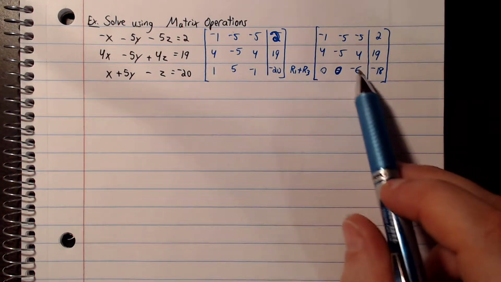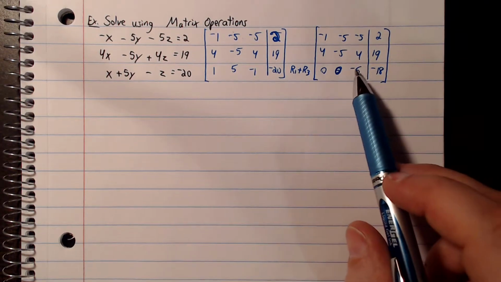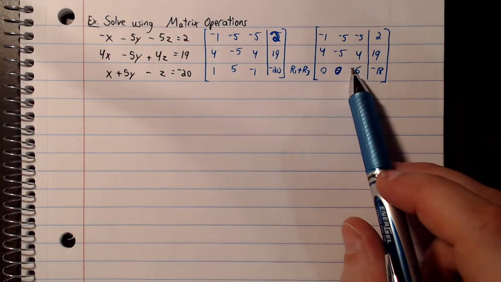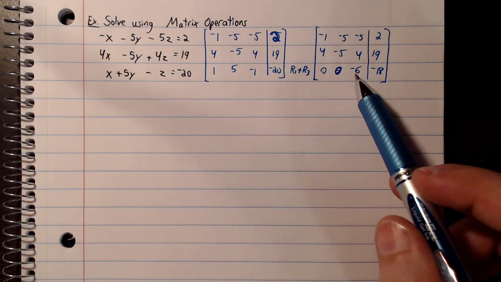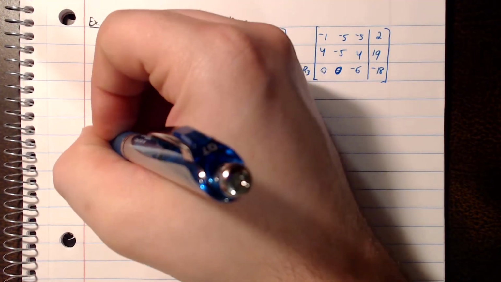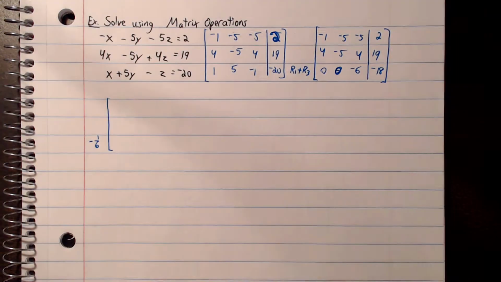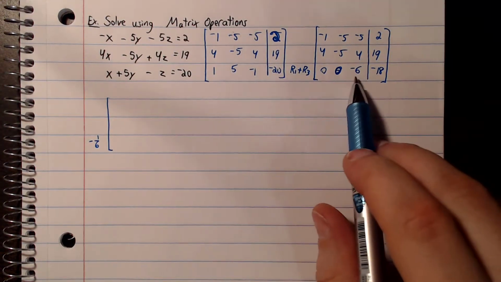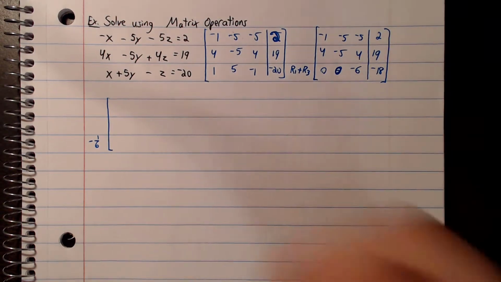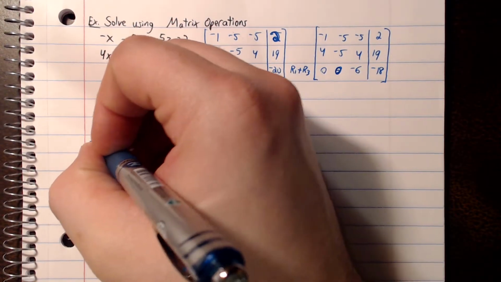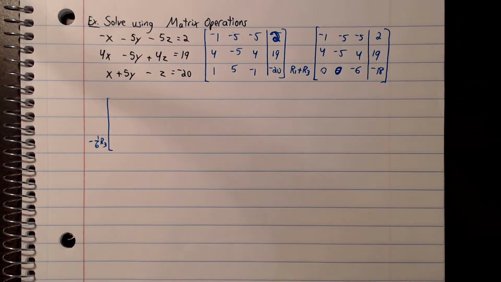So another thing that we suggest that we can do is multiply by a negative to make that become positive, and by a fraction to make this become 1. So if we used -1/6, that will change to +1, which is what we want. So we're doing -1/6 of row 3.